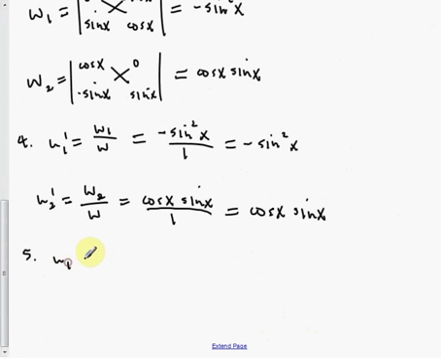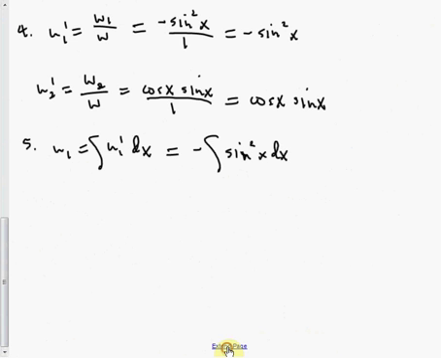So u sub 1 is going to be the integral of u sub 1 prime dx. So it's a negative there. So this is negative times the integral of sine squared x dx.